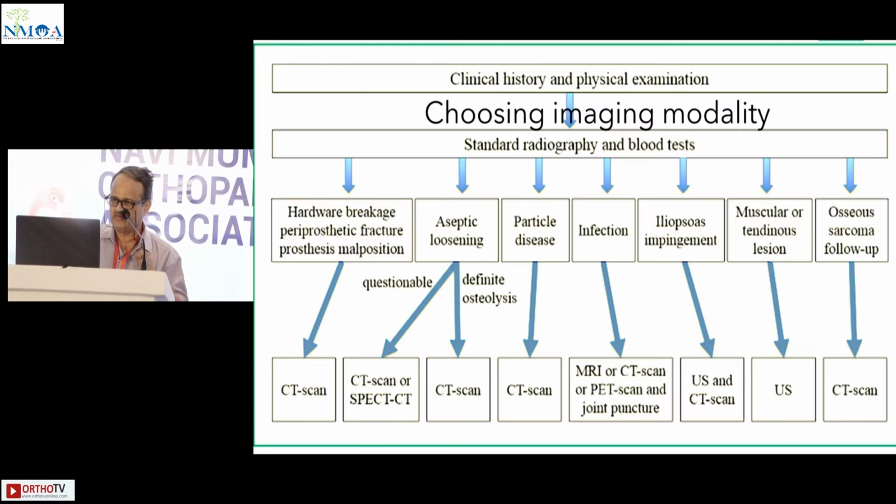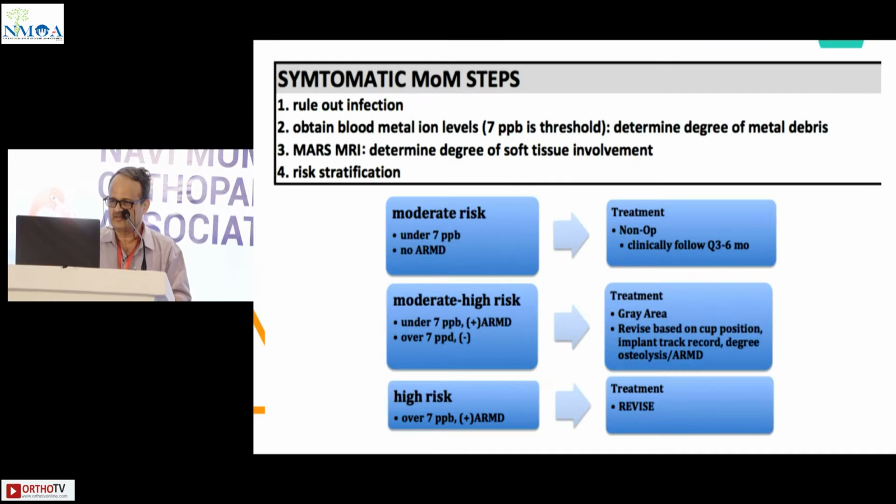So even for the imaging, we have these algorithms in place for when to do what. For aseptic loosening, what helps you? If you have metal on metal, ultrasound or MRI, MARS MRI, and so on and so forth. So these guidelines sort of help us. For metal on metal, we have to rule out infection.